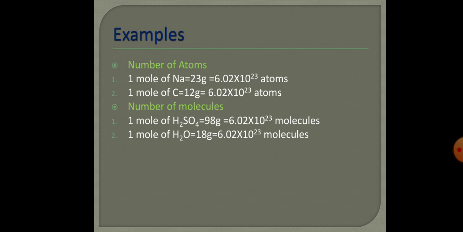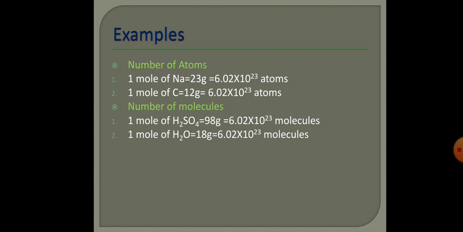In case of a molecule like sulfuric acid and water, if we are going to take 1 mole of sulfuric acid, then it would be 98 gram of sulfuric acid and this 98 gram of sulfuric acid would contain 6.02 × 10^23 molecules.